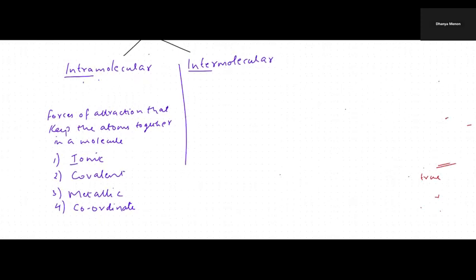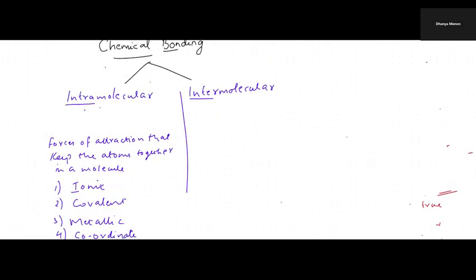Now, intermolecular. Intermolecular means forces of attraction between the molecules. Okay, these are not that strong. These are weak bonds. Sometimes these are temporary also. And these are not very strong as compared to intramolecular bonds.